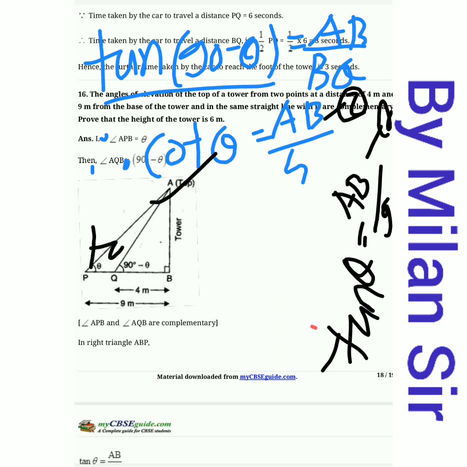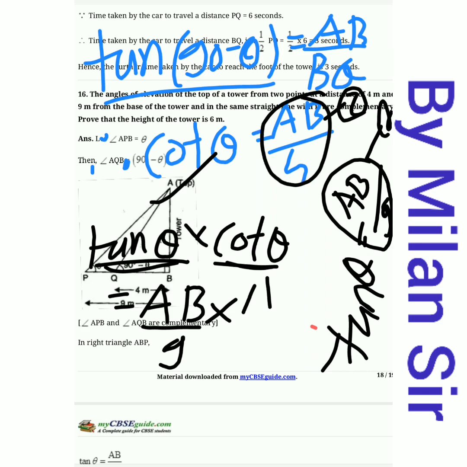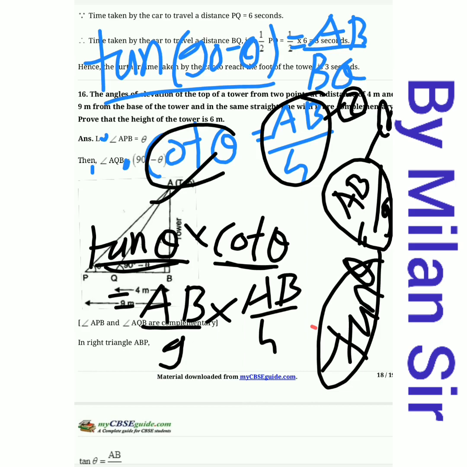So tan theta times cot theta is equal to AB by 9, by equation 1, times AB by 4, because tan theta multiplied by cot theta is equal to 1.